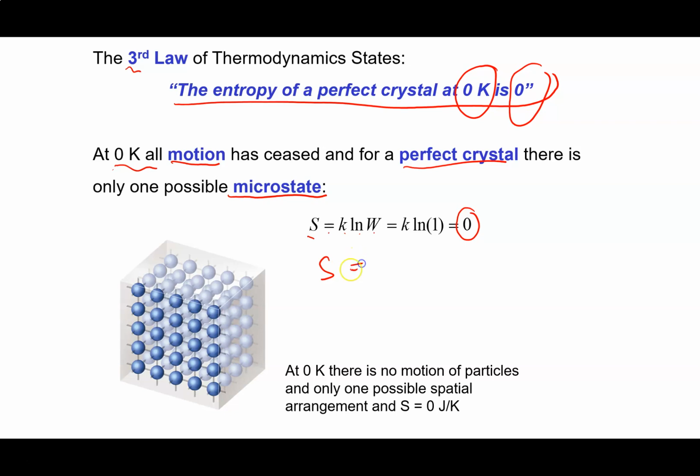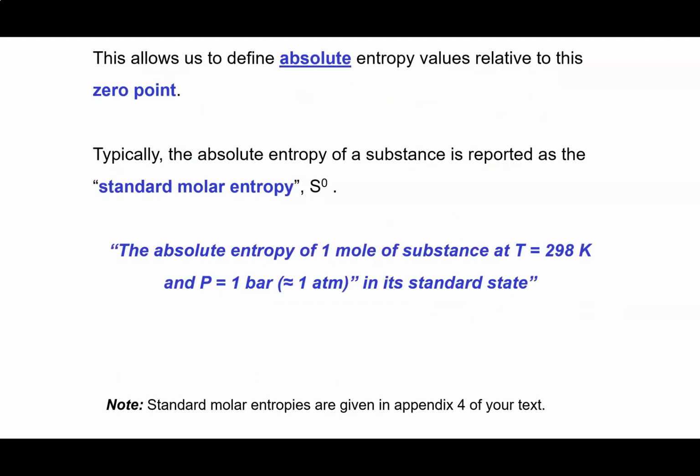So for a perfect crystal at 0 Kelvin, S equals 0. So we have a 0 on our entropy scale, and we can measure everything relative to that. Okay, so every other substance can be placed on our entropy scale relative to this 0 point.